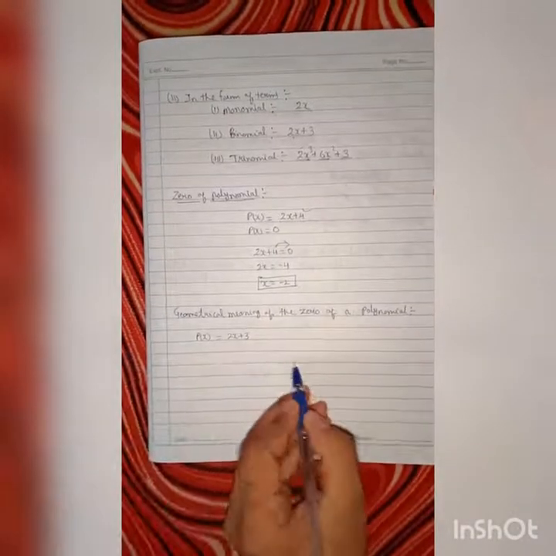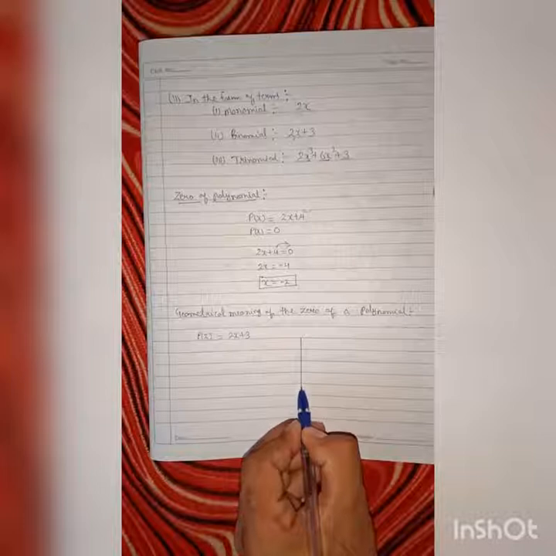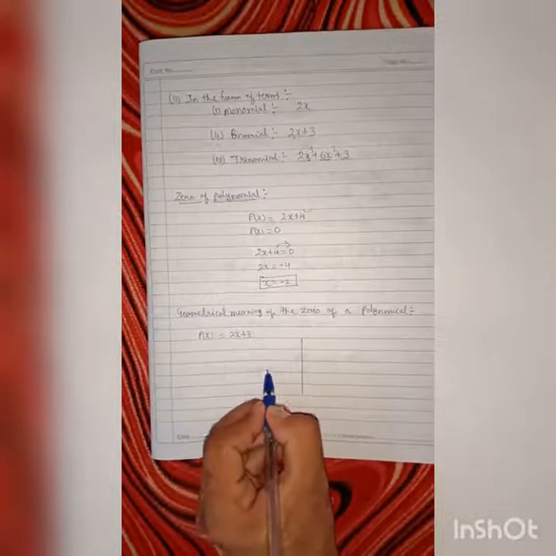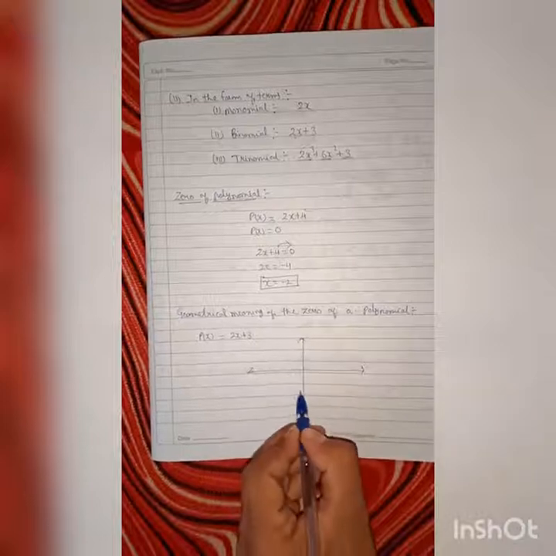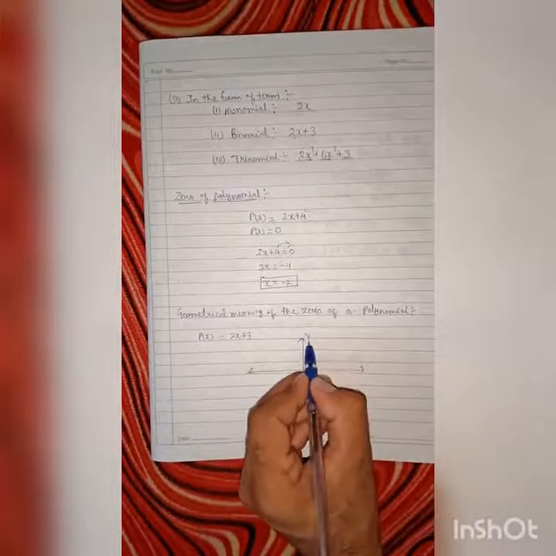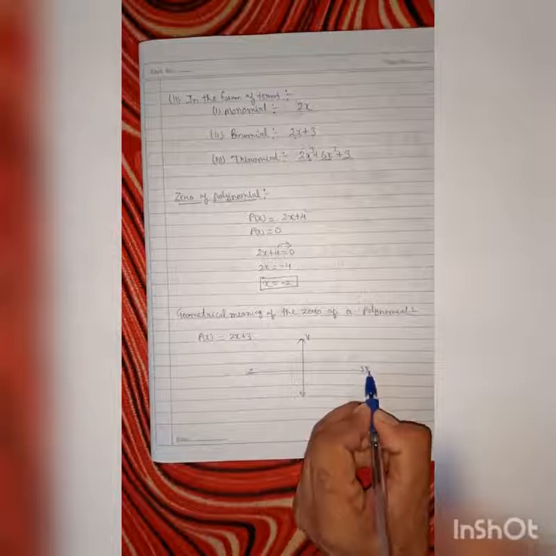Clear? For example, if I draw a graph like this, this is y-axis and this is x-axis.